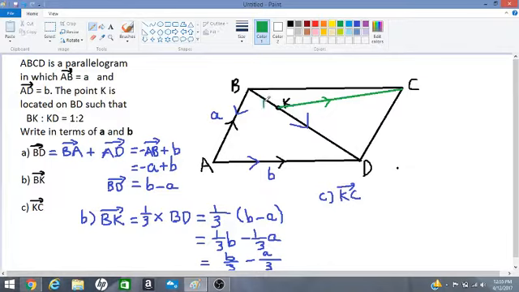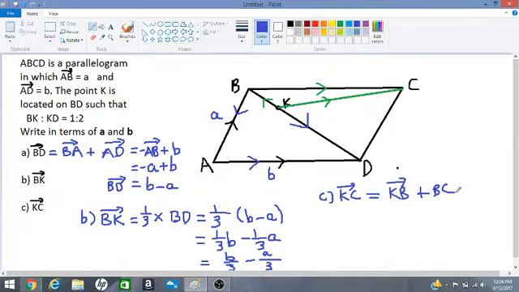We can go from K to B, and then we can go from B to C. We can take other roads, but we are picking this road to work with for now. You can try other ways on your own. So KC is equal to KB, following the green arrows, KB plus BC.